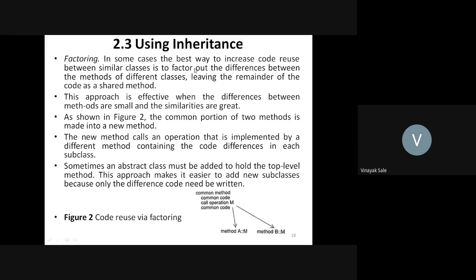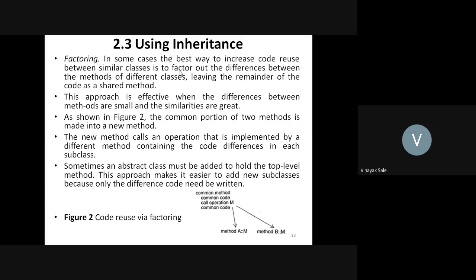In some cases, the best way to increase code reuse between similar classes is to factor out the differences between the methods and different classes, leaving the remainder of the code as a shared method. This approach is effective when the differences between methods are small and similarities are great.